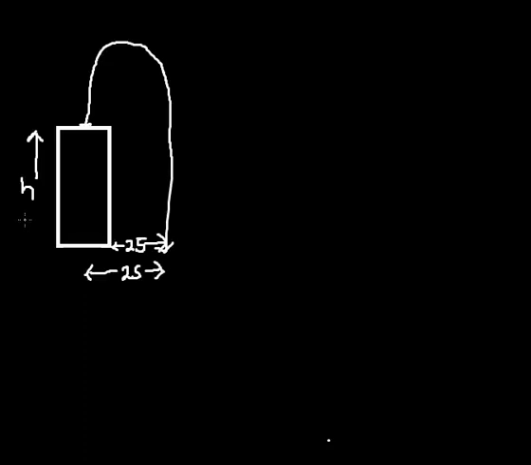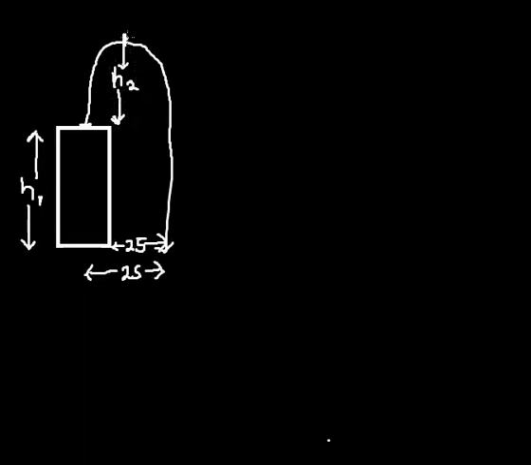For me to find the height of the tower, I need to get the maximum height. Let me call the height of the tower H1, and let the maximum height above the top of the tower be H2.